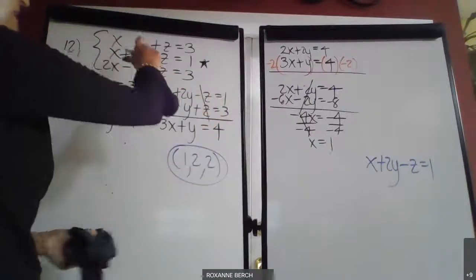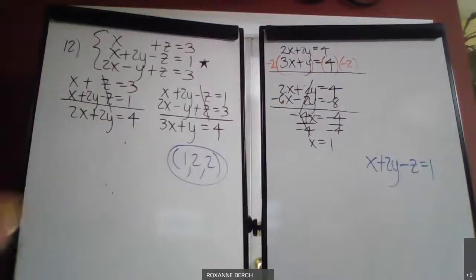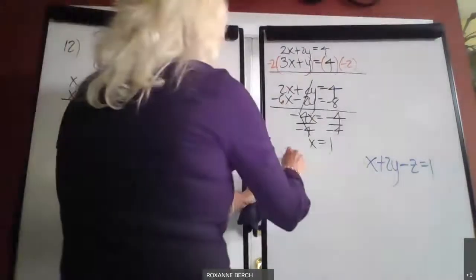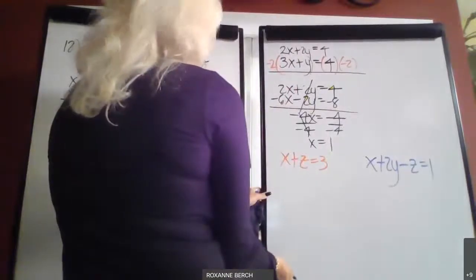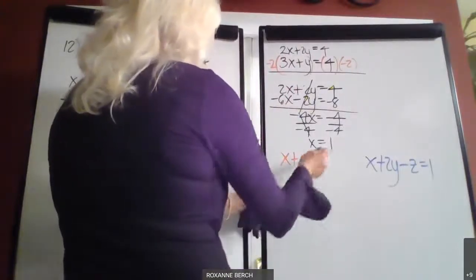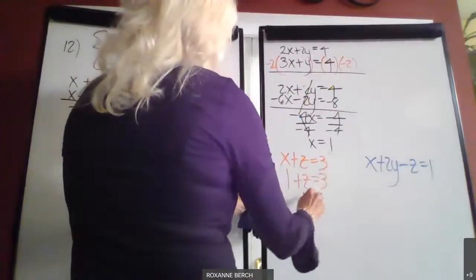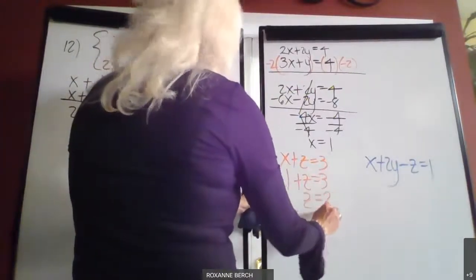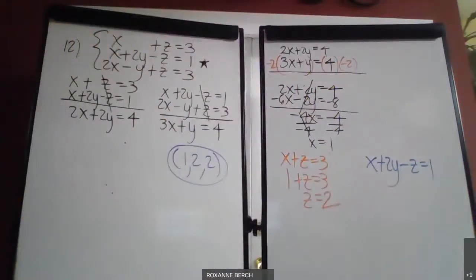So if we plug x into the top one, we have x plus z equals 3. So x would be 1 plus z equals 3. z equals 2. Plug it into the second one.